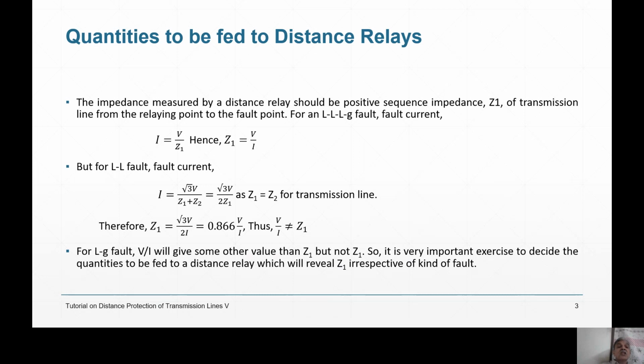So it becomes 6 times Z1 plus 3ZF. That makes the earth fault current so low that often it is lower than the rated current also, and the relay cannot measure the true Z1.